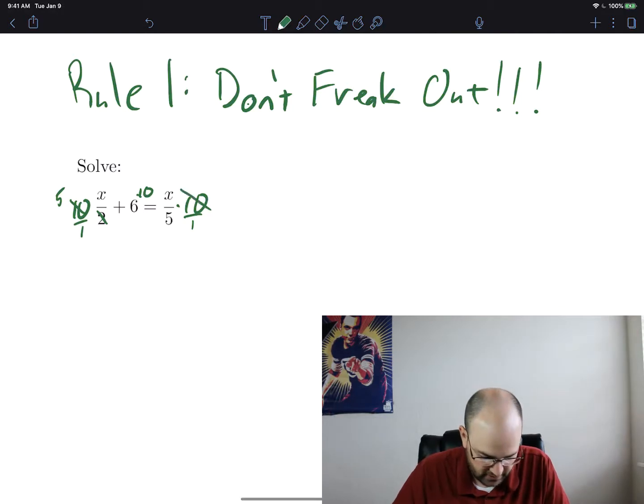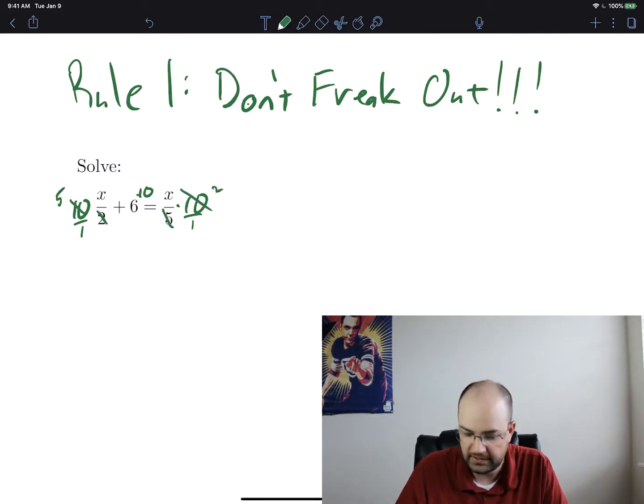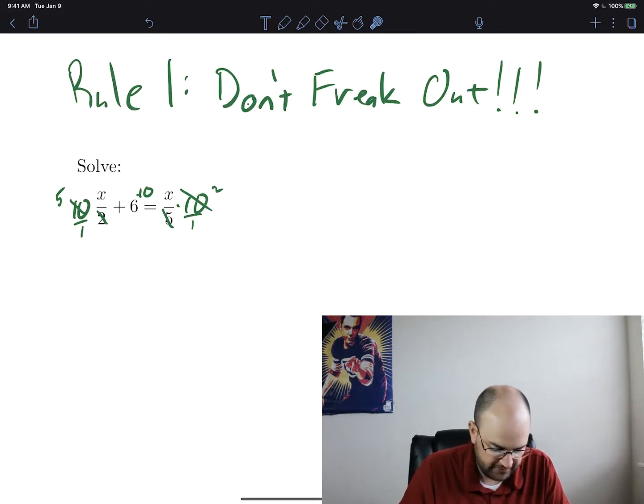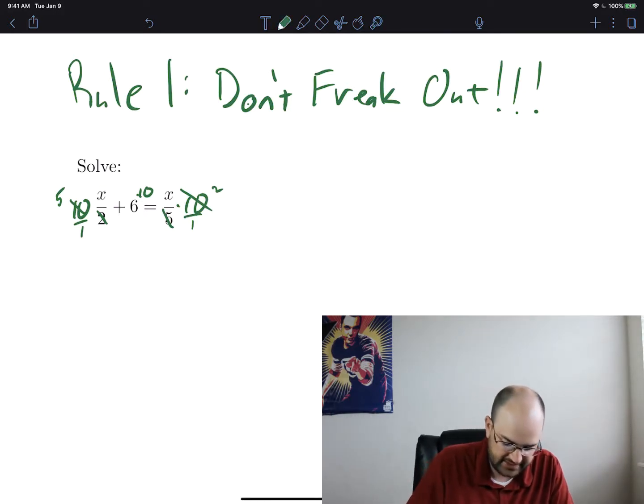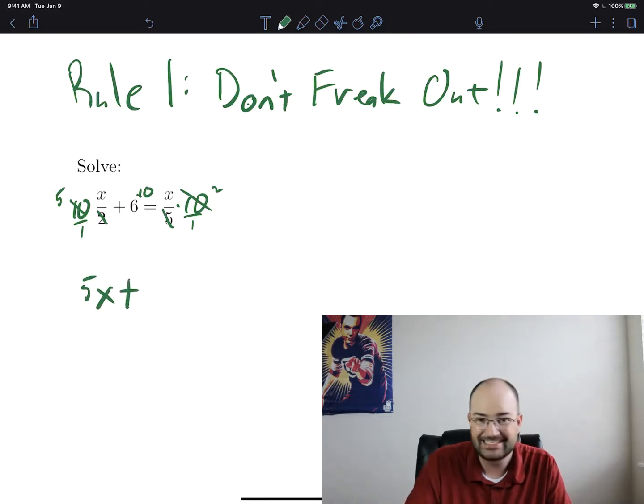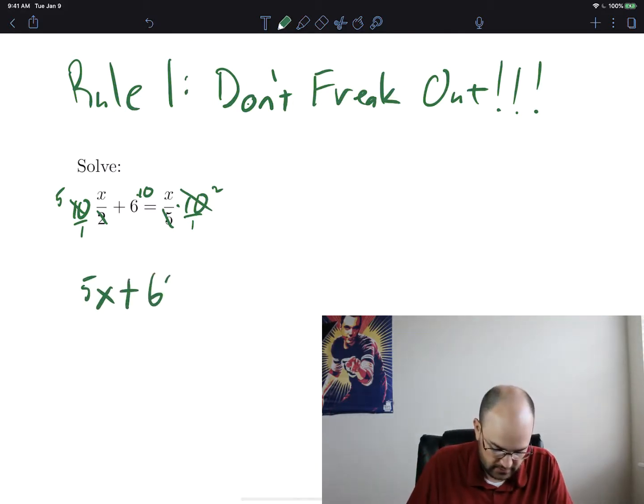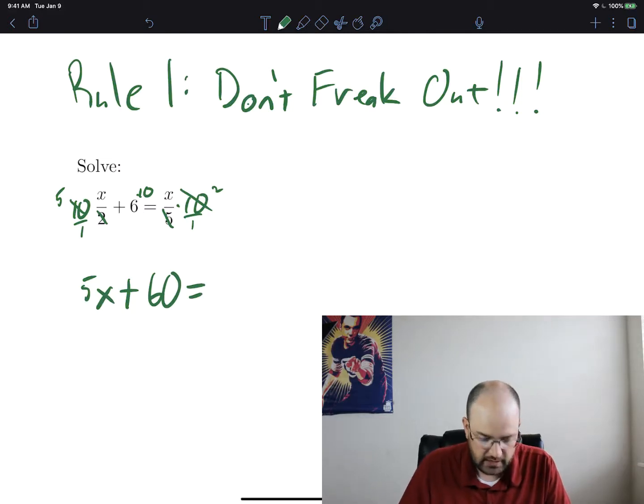Over here, the 10 goes away, leaving us with 2, and the 5 goes away, leaving us with 1, but we don't need it. We have 5 times x, which gives us 5x, plus 6 times 10, 60, equals, and all we have left over here is x times 2, 2x.